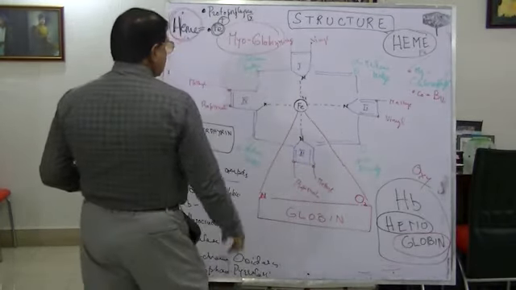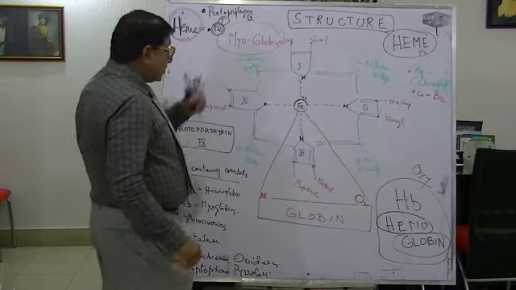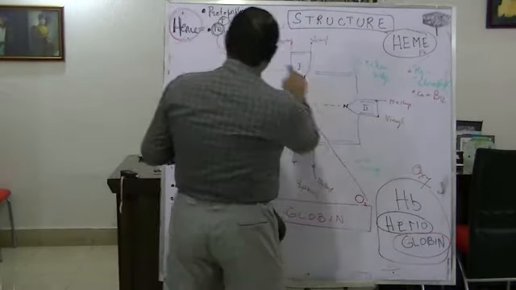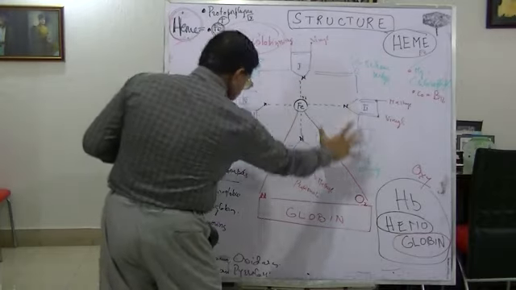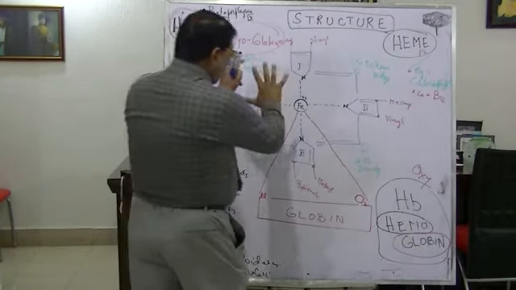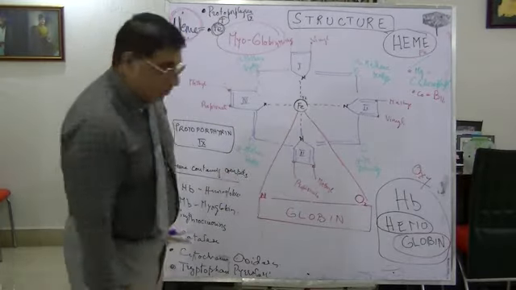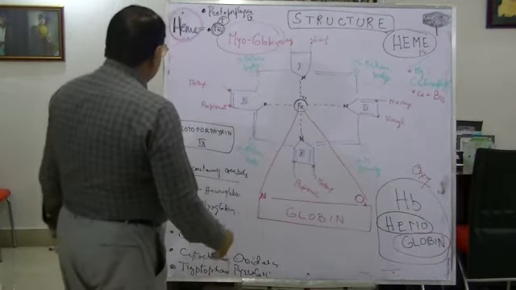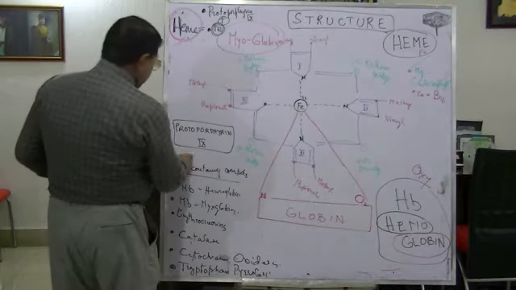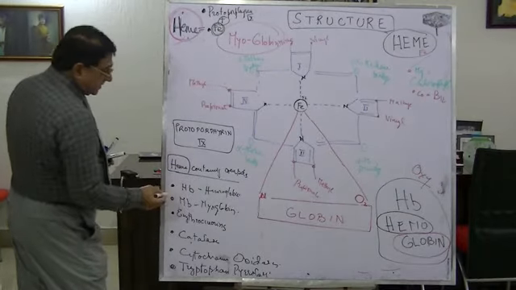You understand? Myoglobin is present in muscles, and it also retains oxygen. So this is the structure of myoglobin. And if 4 such structures get together, you get the formation of hemoglobin. Prior to that, heme. What are the heme containing compounds? I repeat again.